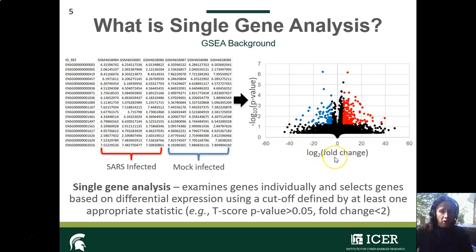You have the log fold change on the x-axis, and you have the negative log of the p-value from your t-score test on the y. If we establish some particular cutoffs, so for example, a t-score p-value of less than 0.05, or perhaps a fold change that's going to be greater than 2.